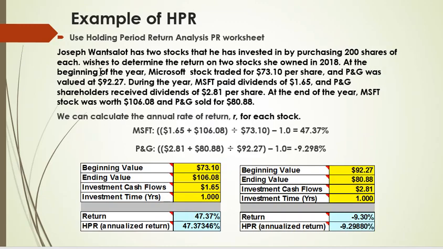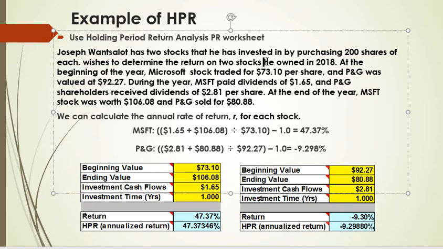So here's our example. Joe has two stocks. He's purchased 200 shares of each. He wants to determine the return of the two stocks that he has owned. At the beginning of the year, Microsoft was trading at 73.10, and P&G was trading at 92.27.